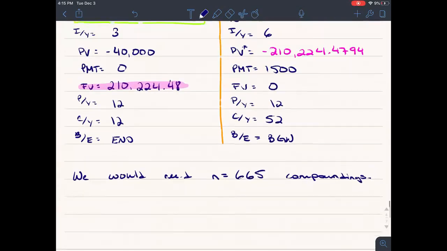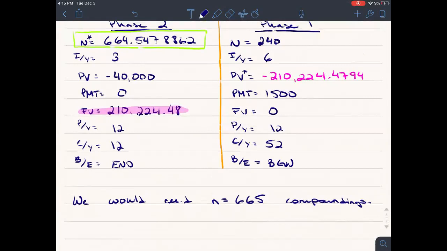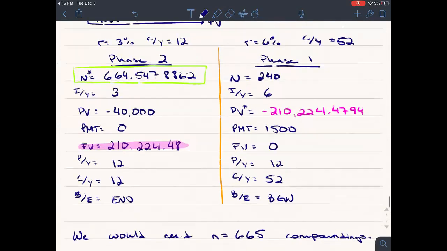Because if we go to 664, for example, even though with proper rounding we would go to 665, we wouldn't quite have the $210,224.48 that we need. So that's why we have to take it a little bit further. We'll have a little bit more than what we need, but it's okay, that's better.